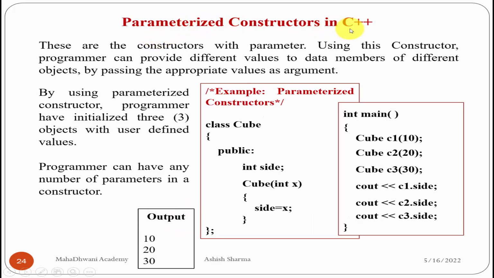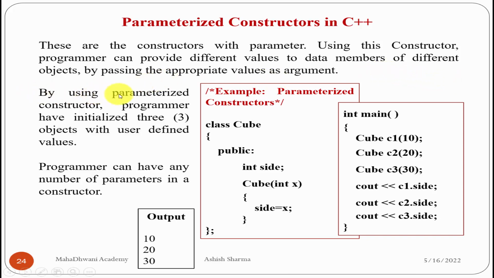Now, parameterized constructor in C++. These are constructors with parameters. Using this constructor, the programmer can provide different values to the data members of different objects by passing the appropriate values as arguments. So parameterized constructors are constructors where the programmer passes arguments, or parameters. It's clear.